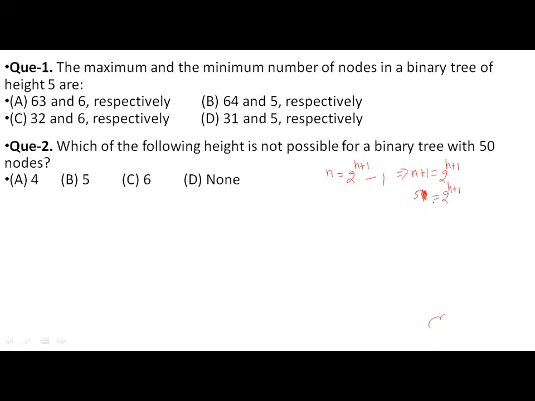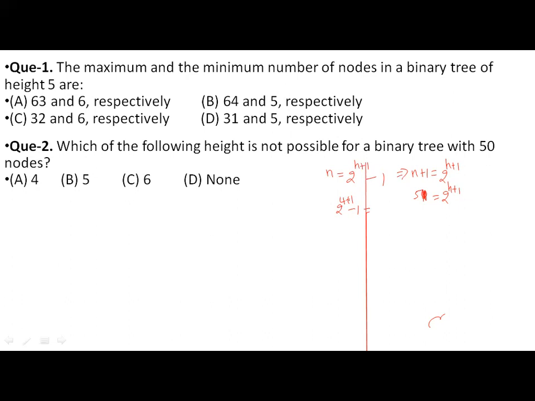So you can think here, that there are 50 nodes, and what height is not possible. For example, if our height is 4, what is the maximum number of nodes we can have? When height is 4, the maximum number of nodes is 2 power of 4 plus 1 minus 1.